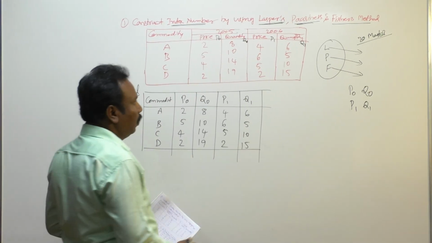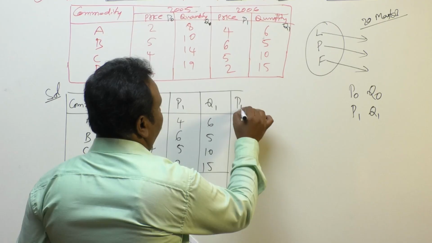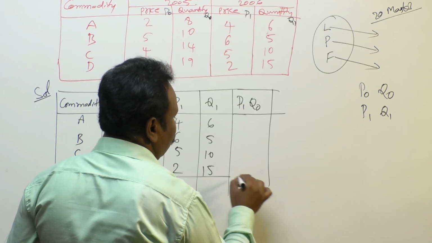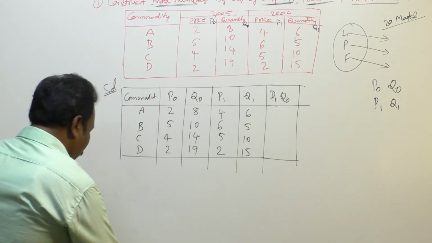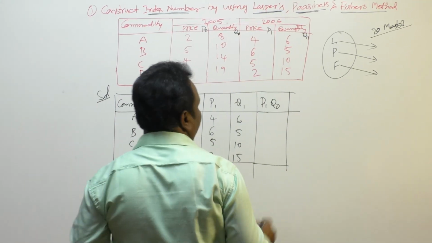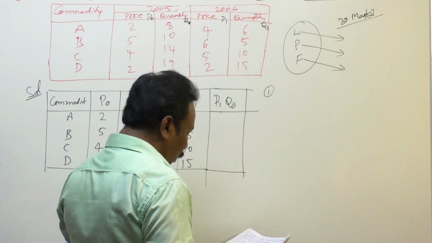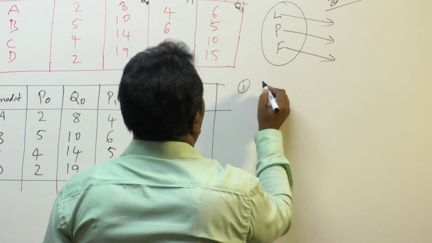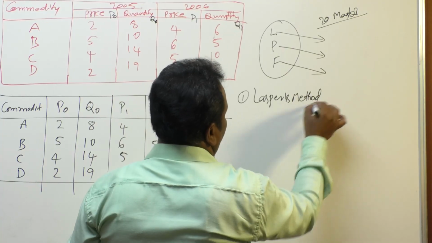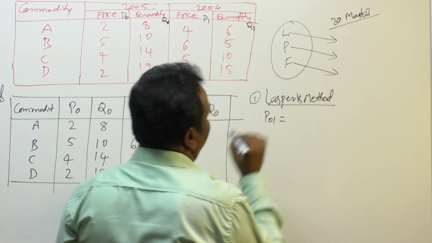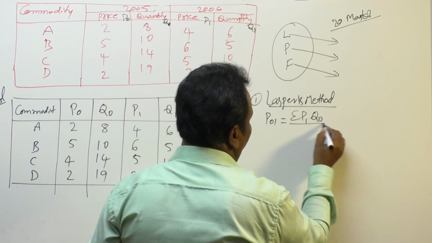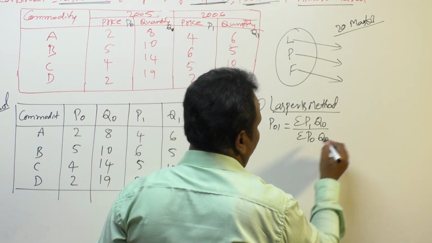Now we have to calculate P1 Q0. Number 1, Laspeyres' method. The formula is P01 equals sigma P1 Q0 divided by sigma P0 Q0 into 100.